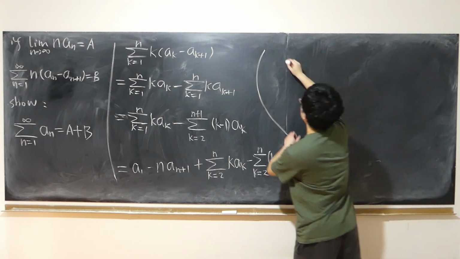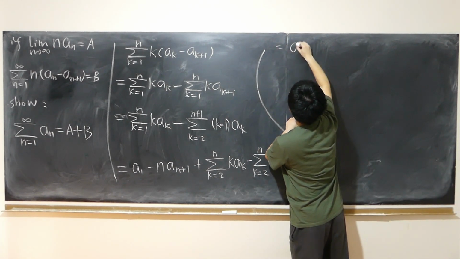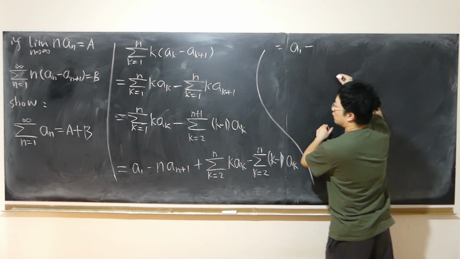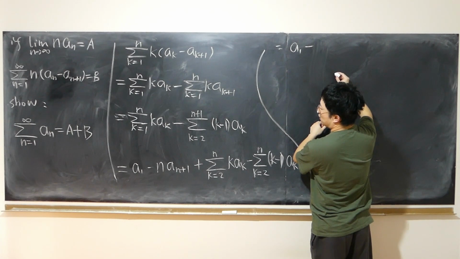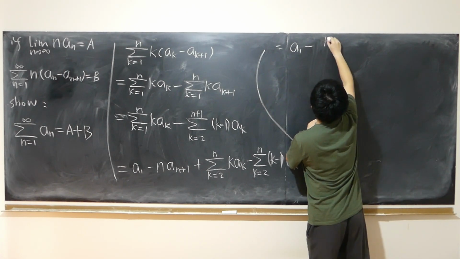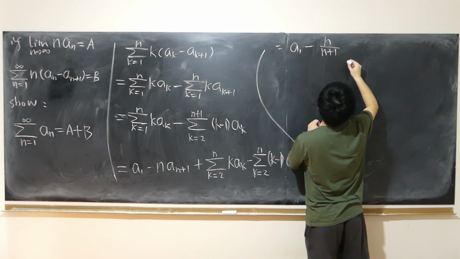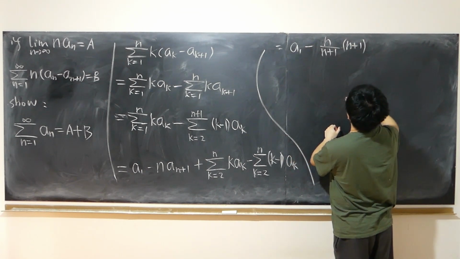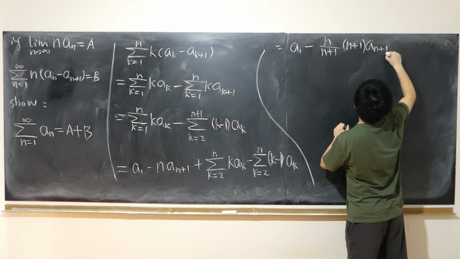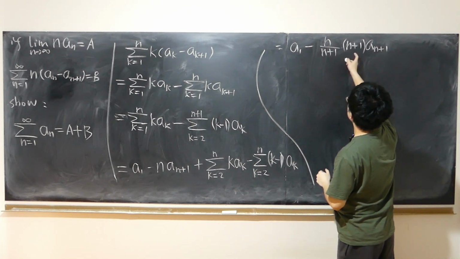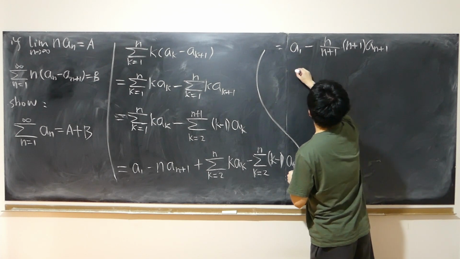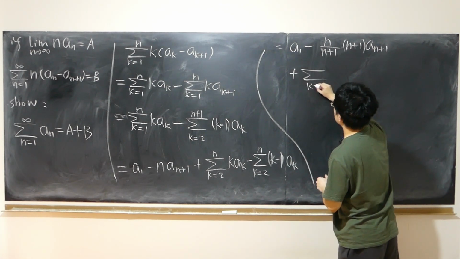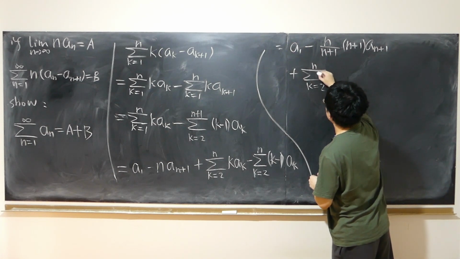So that equals a_1 minus, I'm going to rewrite this into perhaps n over n plus 1 times (n plus 1) times a_{n+1}. So that is still the same thing. And plus, this time I can just combine the two sums.